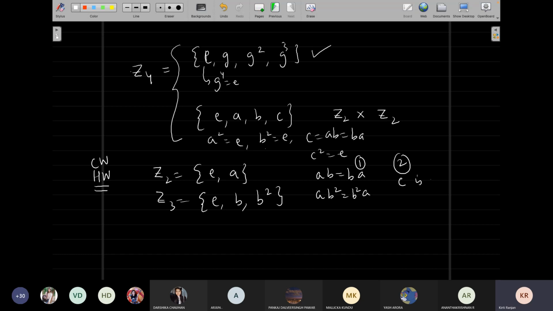E is the only common element, which means that A cannot be equal to B and A cannot be equal to B square. Can you enlarge the group, Z2 cross Z3, and give me the result? What will be the elements of the group?